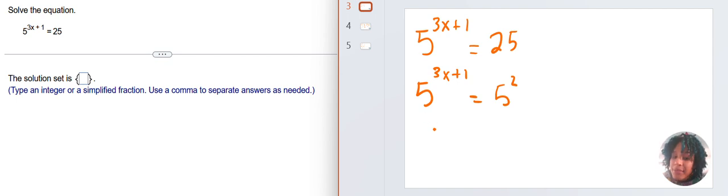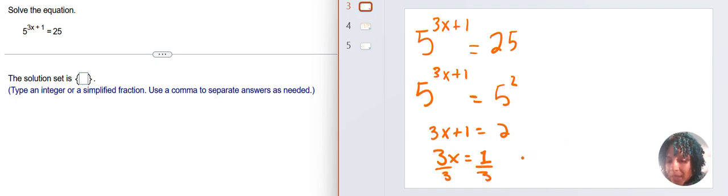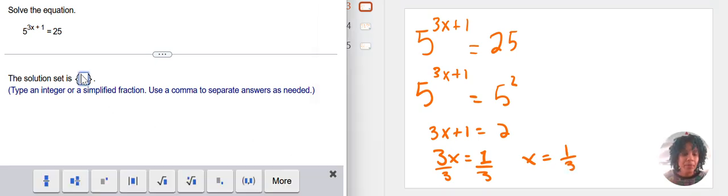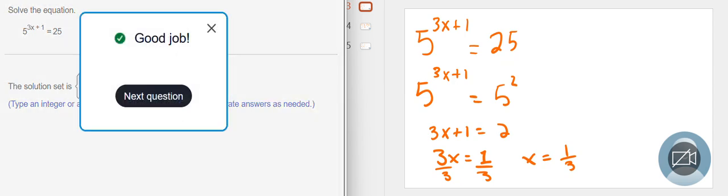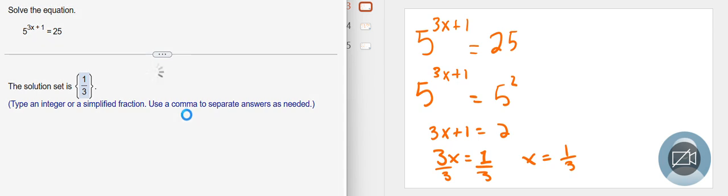And then my bases are the same, so I can just bring down my exponents. And I can solve for x, subtract that 1, so 2 minus 1 gives me a 1. And then divide by 3, x equals 1/3. Okay, so 1 over 3. Check my answer. Good job.